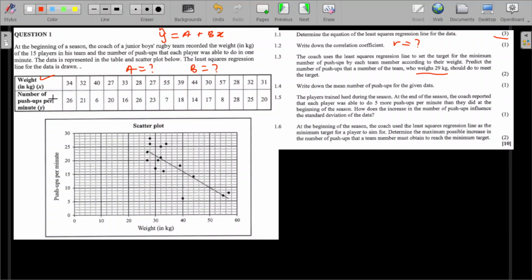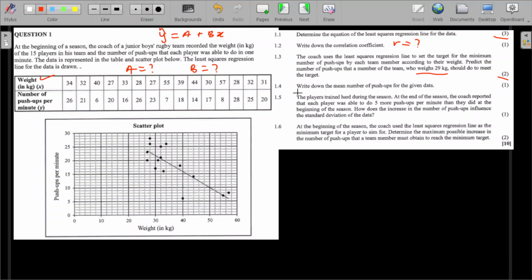What is y? Y is the number of push-ups. You take your 29, substitute it into your regression line, and then you get these 2 marks.